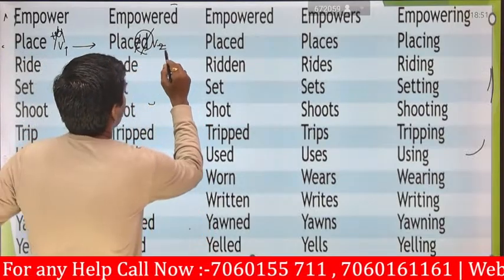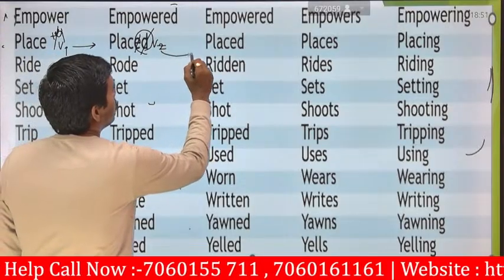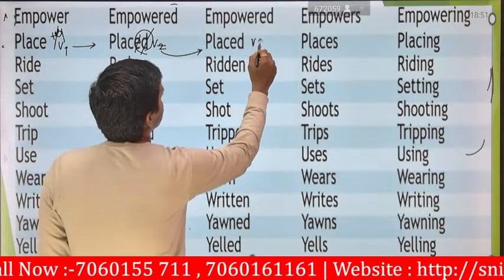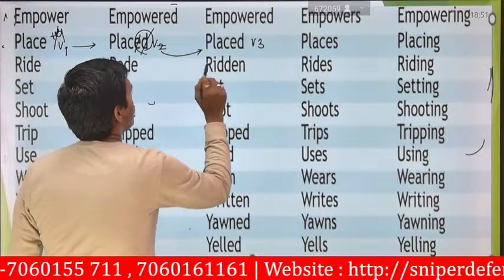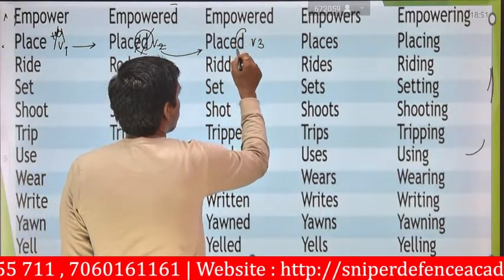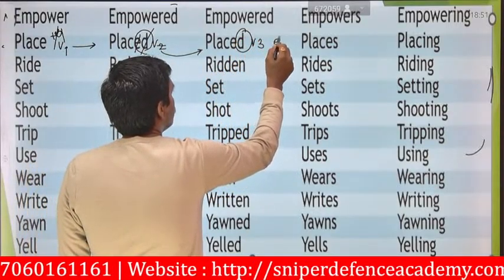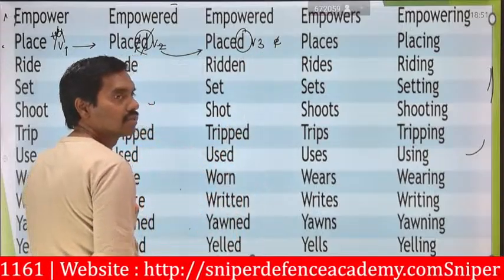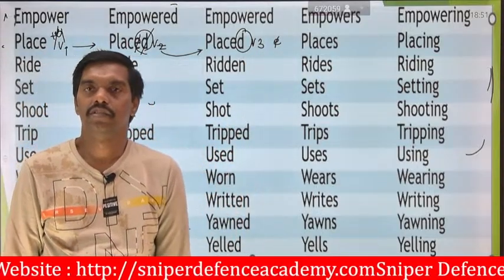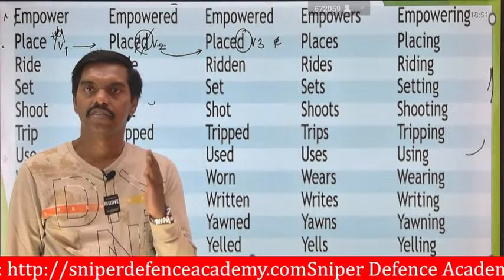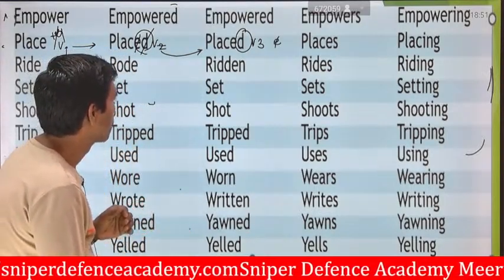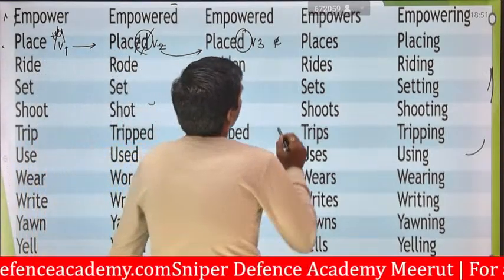Now this V2 will be transformed to V3. It will also be similar. Place plus ED gives placed. One E remains silent. Next, V3 will be transferred.